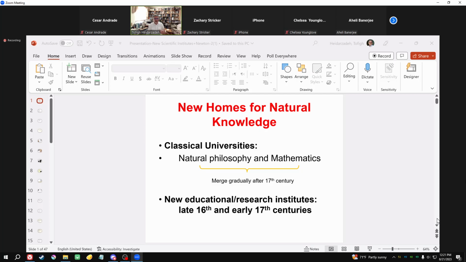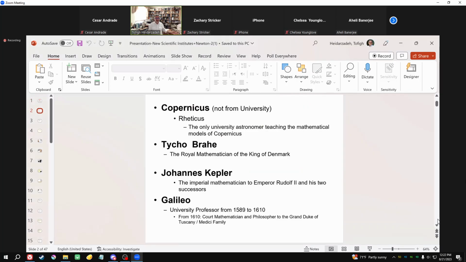Galileo at the beginning was at the university, but he had all his new ideas when he came out of university and joined the Medici court in Italy. And many other new thinkers also were out of universities.